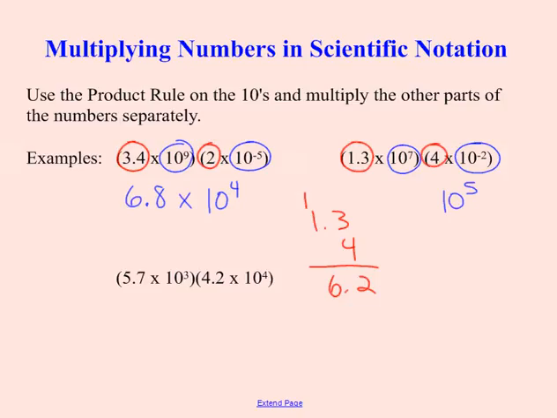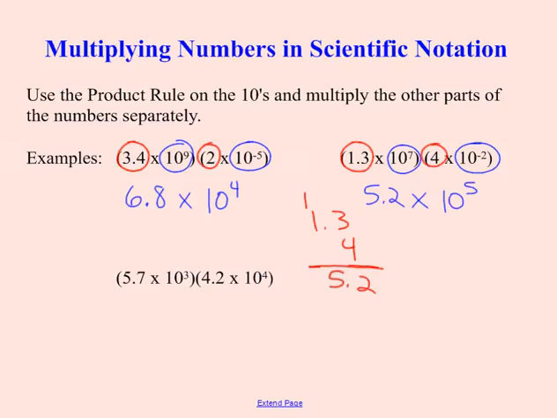So we end up with, or excuse me, not 6.2, but 5.2 it should be. 4 times 1 is 4, and then plus 1 is 5, 5.2. All right, so we have 5.2 times 10 to the 5th. Once again, you want to make sure that this number is between 1 and 10, and in this case, it is. So we're good to go.